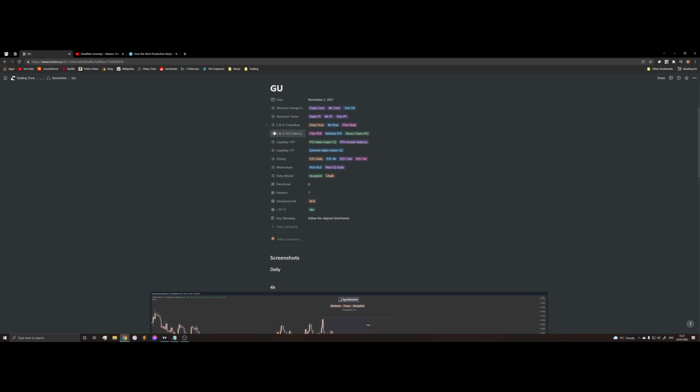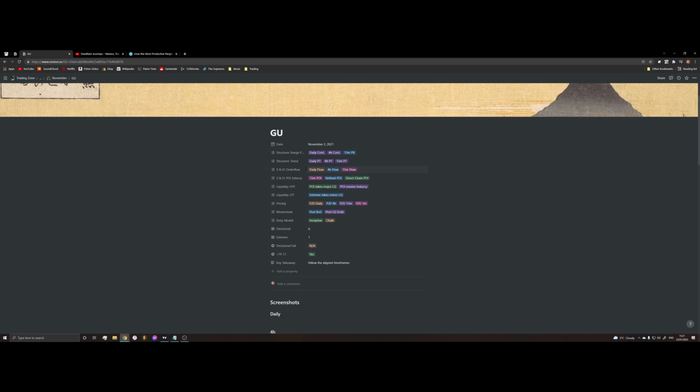Following that, I've got supply and demand, which has been split into 2 categories: order flow and POI selection. But I've written it in my own unique way. So for order flow, I will look at which flow my trade is in the same direction of.